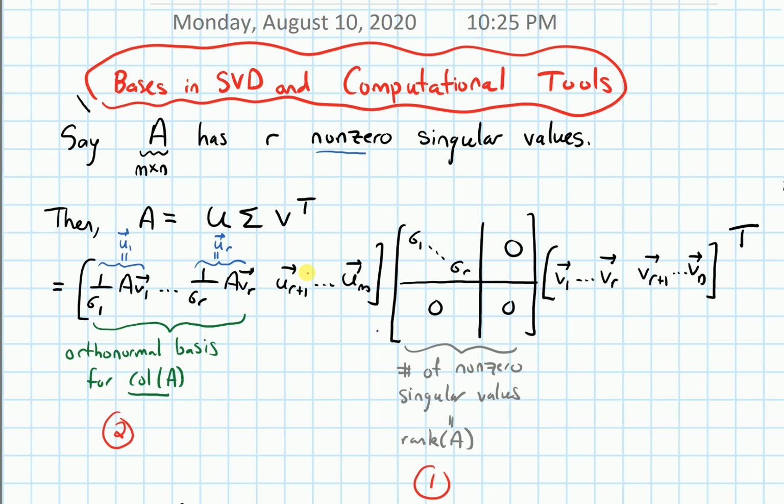So what about the remaining columns in U? Collectively with the first R columns, they're all supposed to be orthonormal. These vectors, UR plus 1 up until UM, need to be orthogonal to the first R vectors.